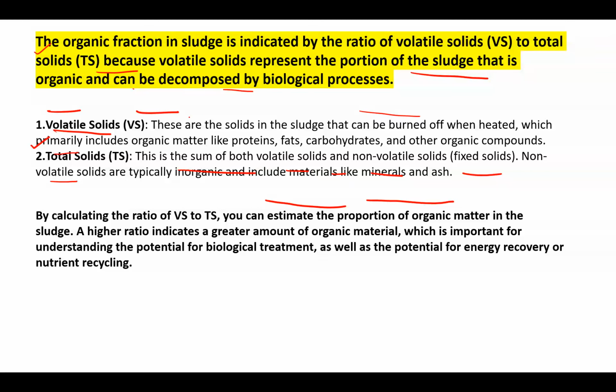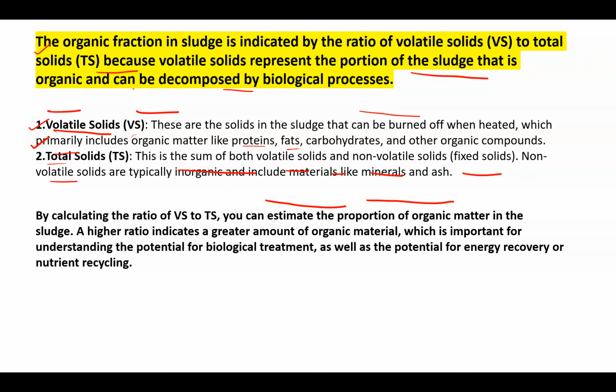This particularly includes the organic matter, like proteins, fats, carbohydrates, and other organic compounds. When this portion gets thermal energy, it will convert into another state. That is the organic solids in the sludge. And total solids in the sludge is the sum of both volatile solids and non-volatile solids.